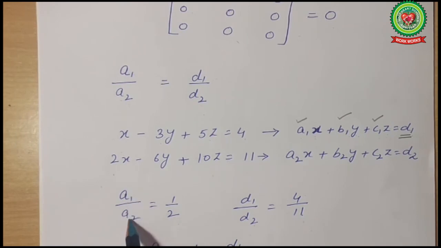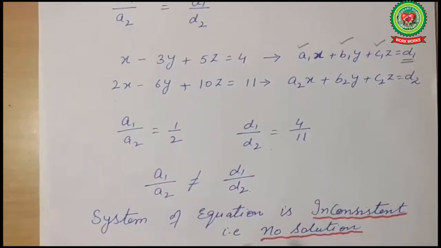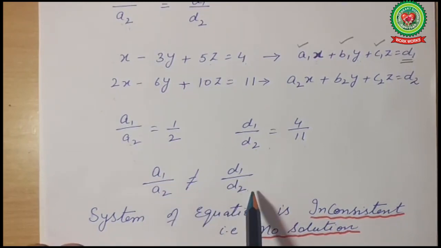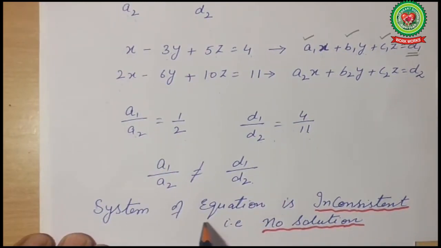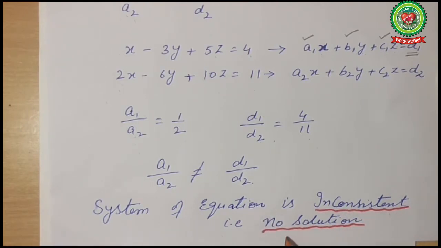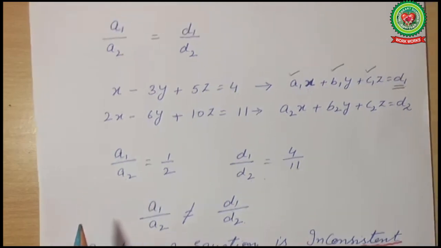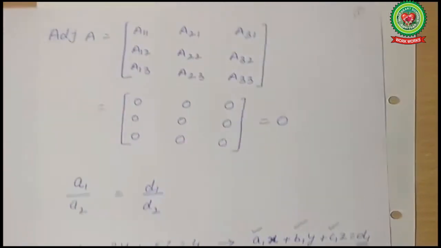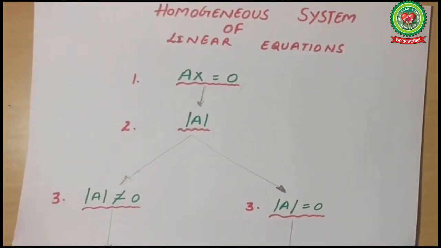Now, A1 upon A2 is not equal to D1 upon D2. If A1 upon A2 is not equal to D1 upon D2, what type of system of equation is there? It is inconsistent and having no solution. These are all the examples when non-homogeneous equations are there.